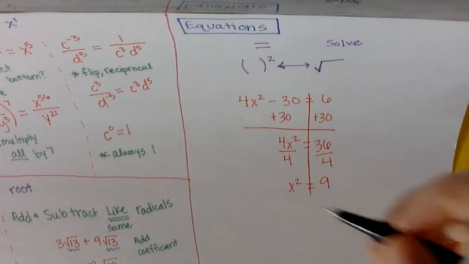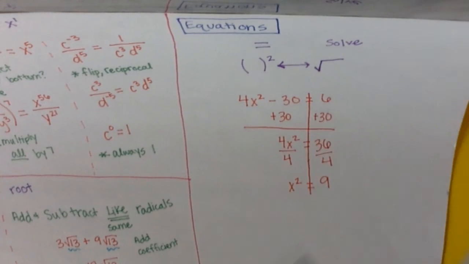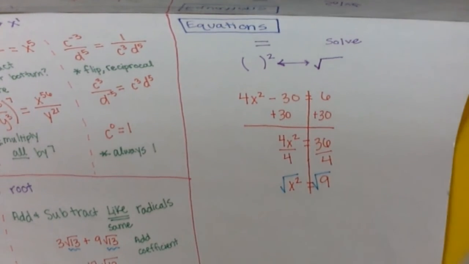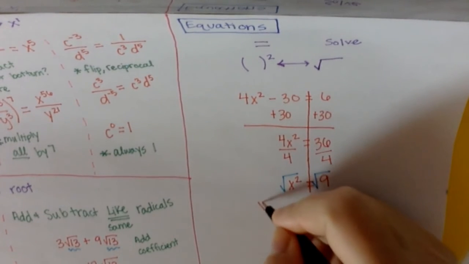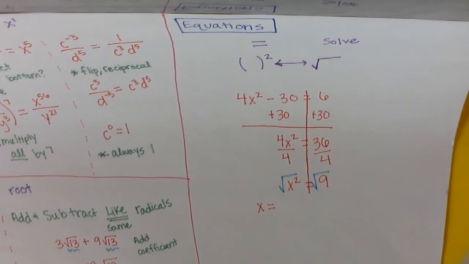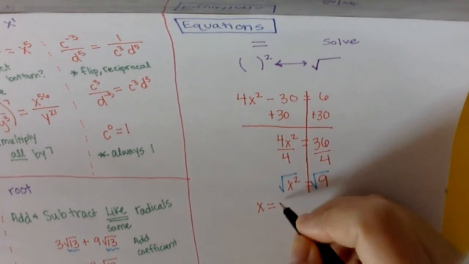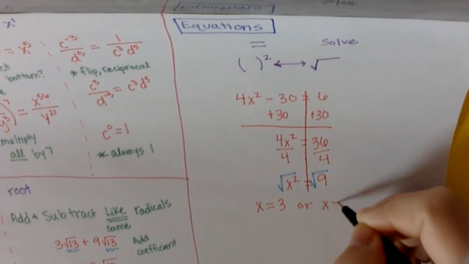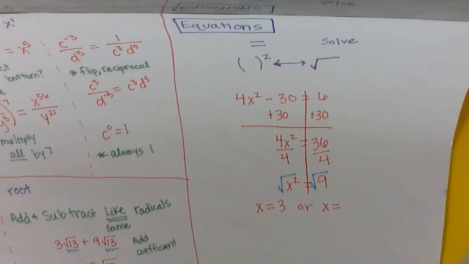Square root of 9 is, what times itself would give us 9? 3. Or what other number times itself gives us 9? -3. This one, remember, we want two answers, and on the test that is in the directions, reminding you you're going to have two answers.